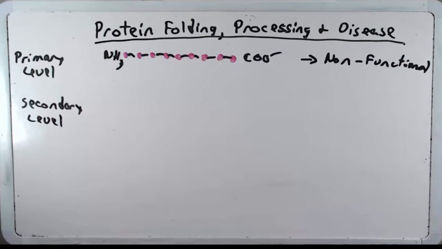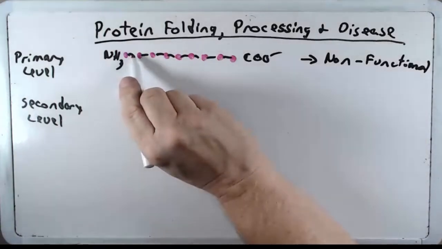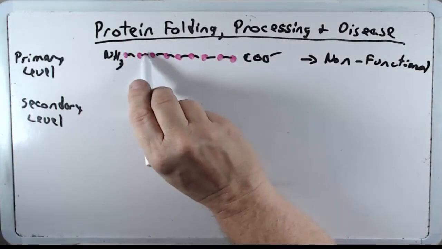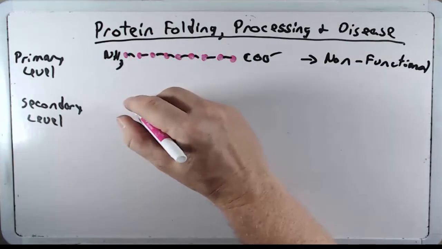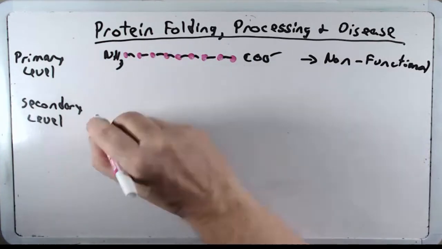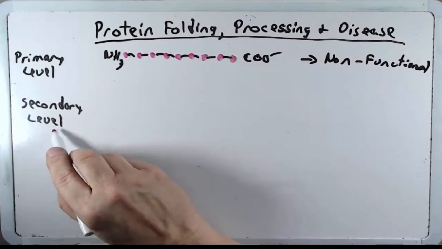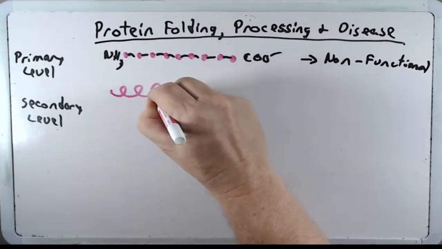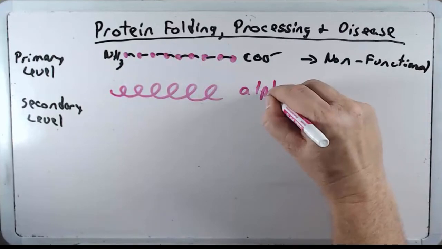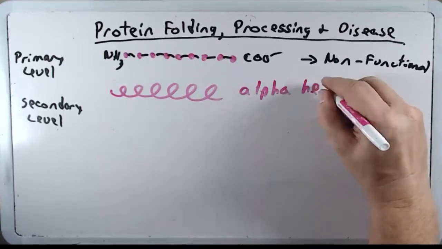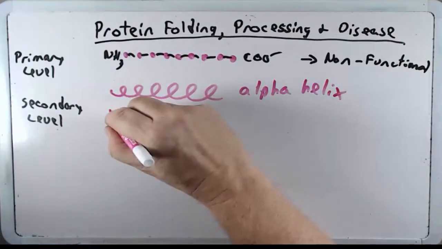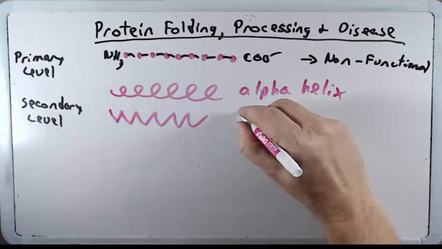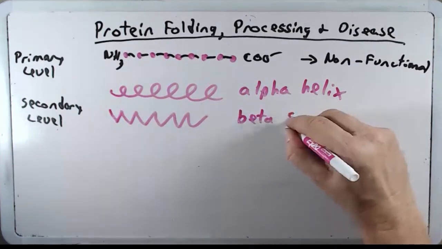This secondary level has this protein folding upon itself in regions near it. And I'm going to show this by showing 2 common ways that the secondary level folds. The first is what we call an alpha helix. The other is something we call a beta sheet.